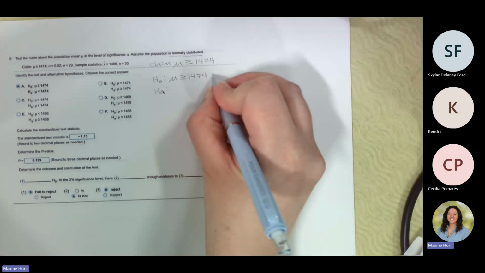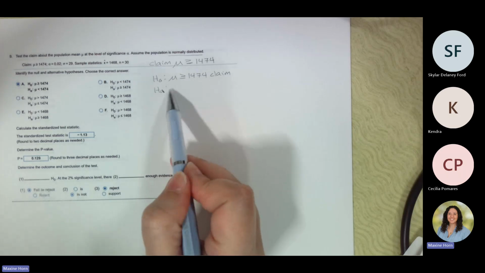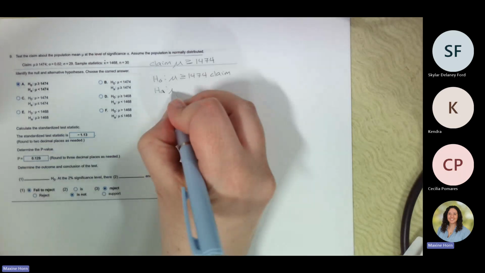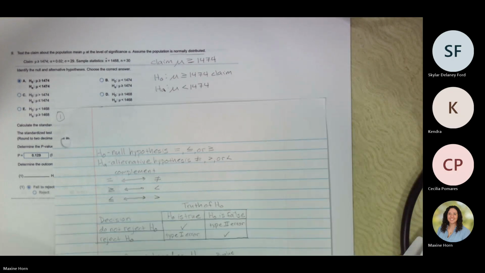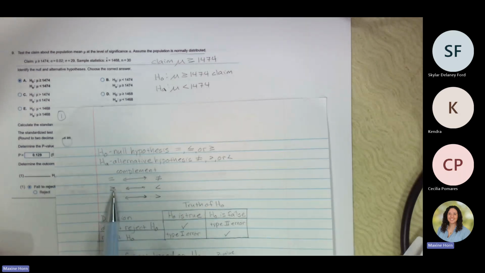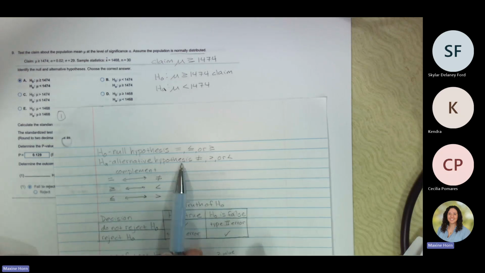I always like to identify which of these is my claim. If that's my null hypothesis, my alternative hypothesis is going to be the complement of that. Remember, the complement of greater than or equal to is less than. Null hypothesis has some kind of equality. Alternative hypothesis is a strict inequality.